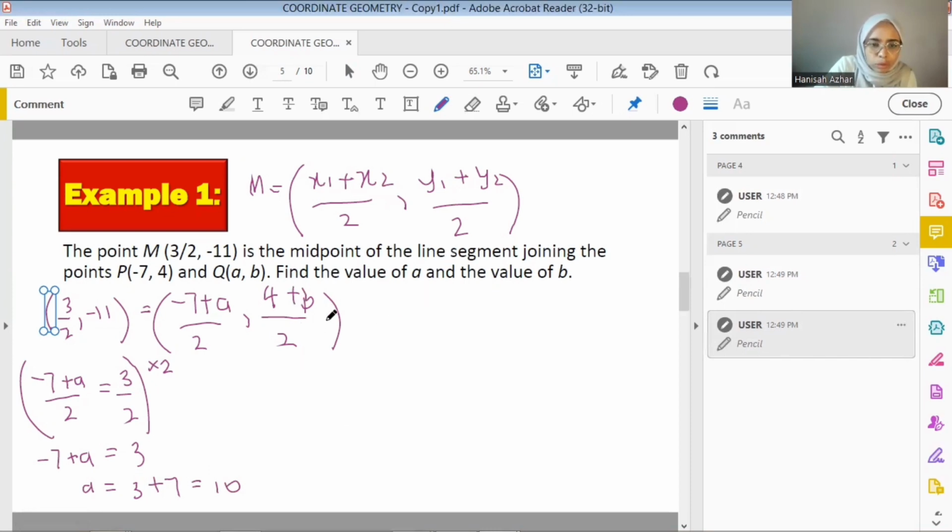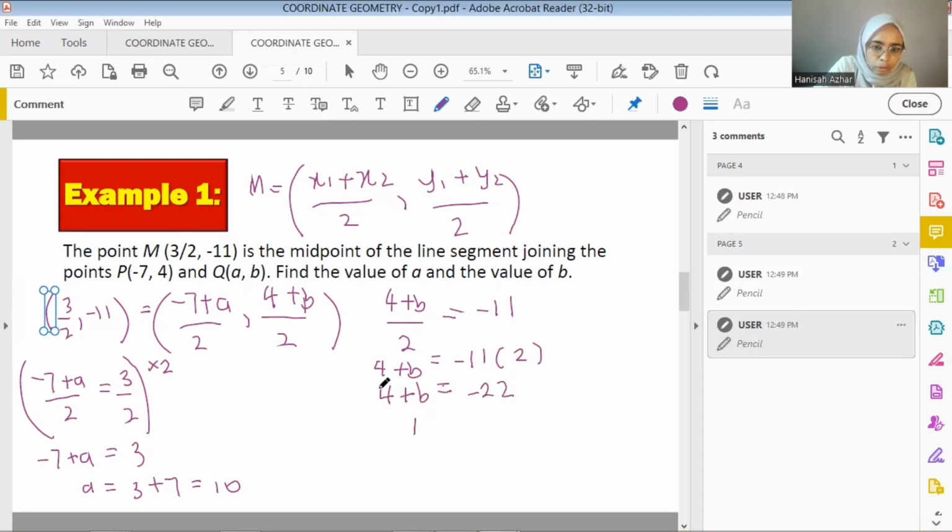Next we solve y. 4 plus b over 2 equals negative 11. And then the 2 we move to the right, so 2 will multiply with negative 11. So 4 plus b equals negative 11 times 2, so 4 plus b equals negative 22.